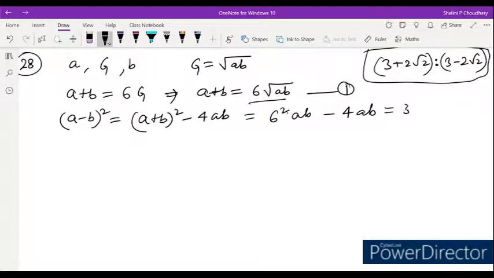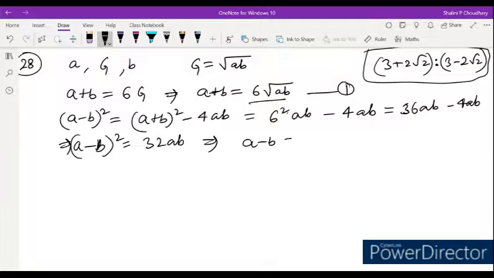So 6 squared AB minus 4AB is 36AB minus 4AB. So A minus B whole square will be equal to 32AB. So the value of A minus B will be the square root of 32AB, which is equal to 4 root 2 square root of AB. This will be equation 2.